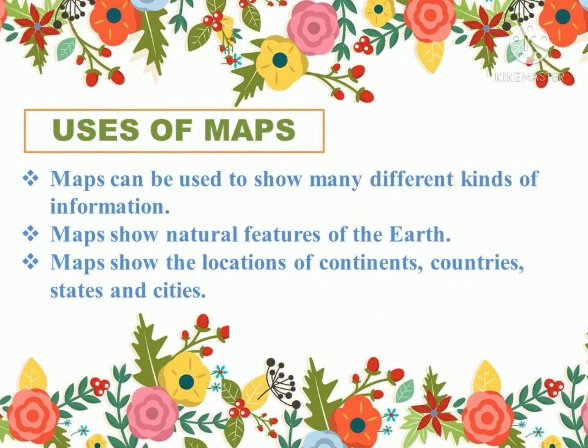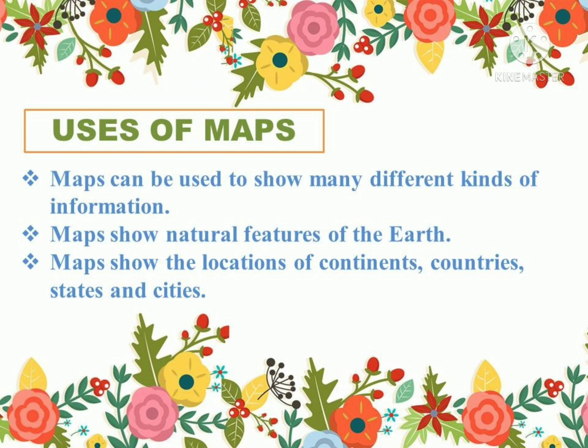Let us see how maps are useful for us. It shows us many different kinds of information. For example, it shows natural features of the earth. Natural features means mountains, plateaus, rivers, sea, oceans, glaciers. These are the natural features. Next, it shows the locations of continents, countries, states and cities.